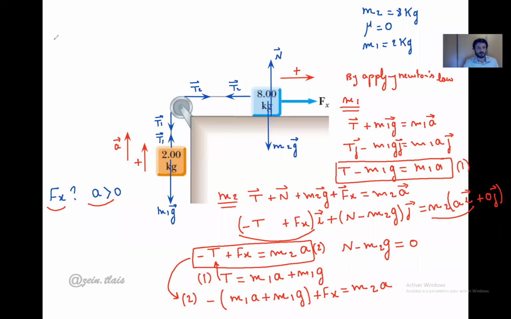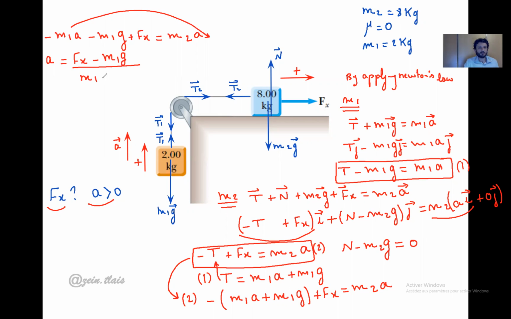We can write minus m1a minus m1g plus fx equal to m2a. So we put a here. We get a equals fx minus m1g divided by m1 plus m2.